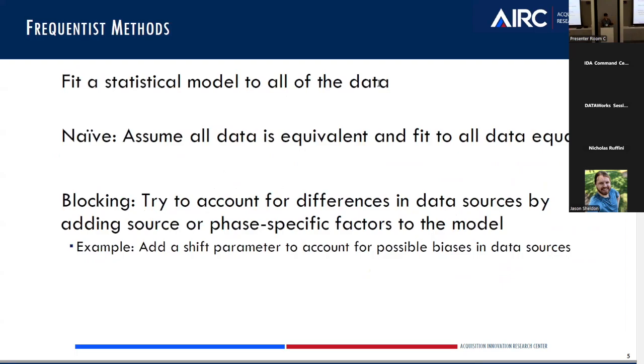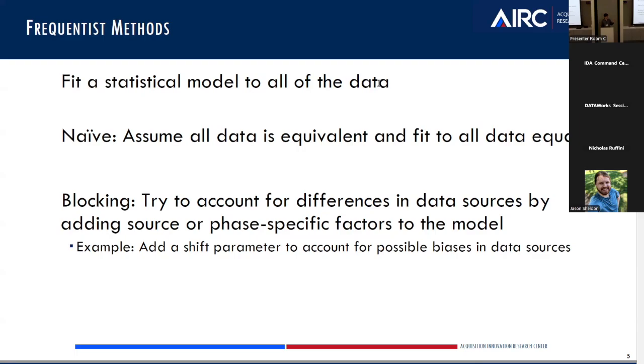Okay, so I'm going to be talking about two classes of methods for combining information. One is frequentist, and there are two types of frequentist models that we'll be using. So we're going to define a statistical model, and then we're going to be fitting it to our data.